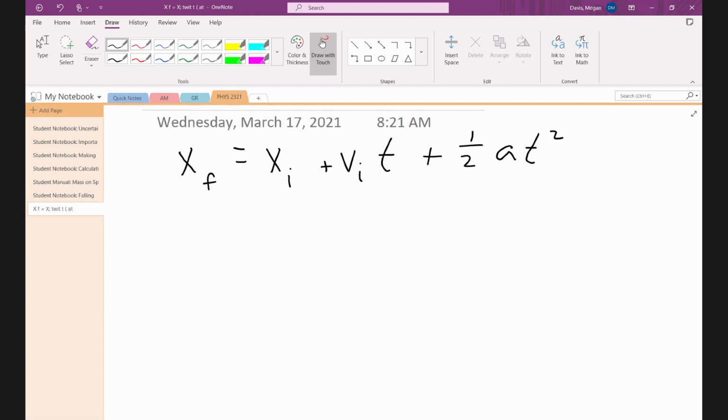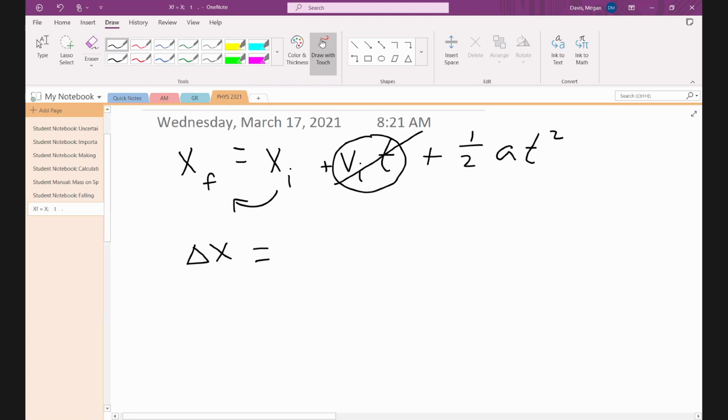So we're going to do a couple of things to this equation to make it more usable. First thing we're going to do is move this x initial over so that we can just call this the change in x. Then the second thing we're going to do is get rid of this term. We can do that because we're dropping the ball and the coffee filter from rest.